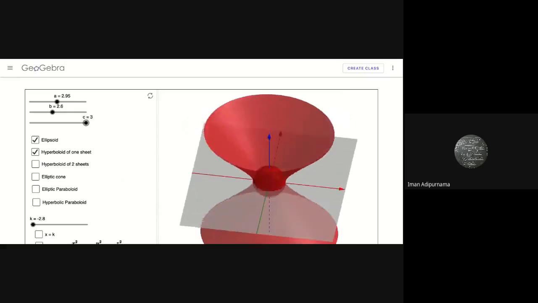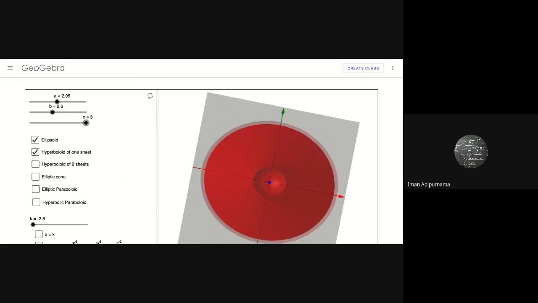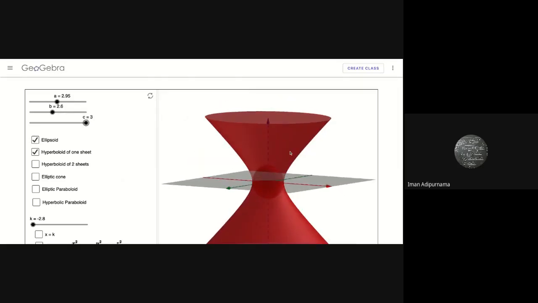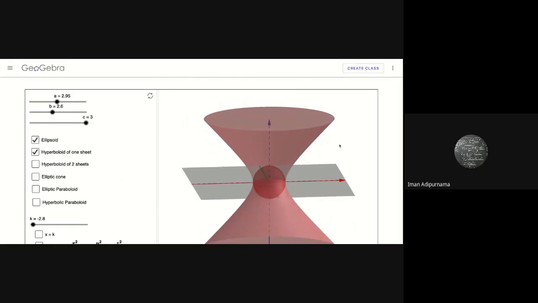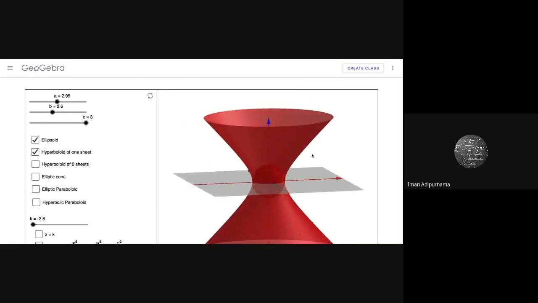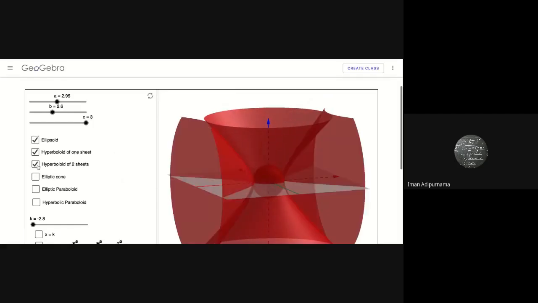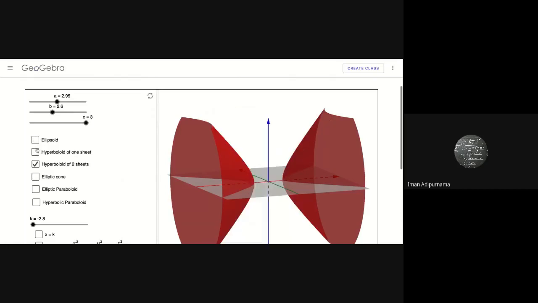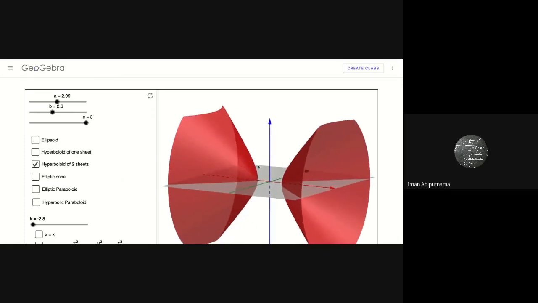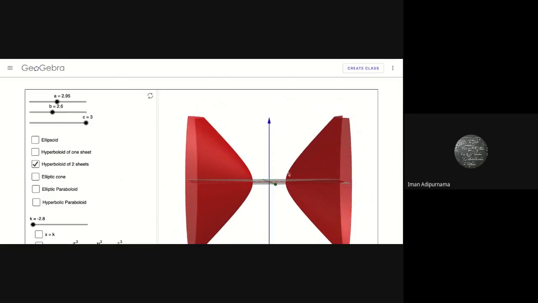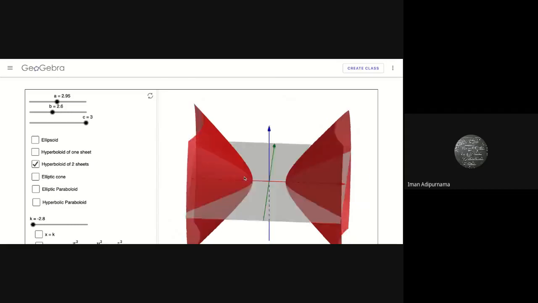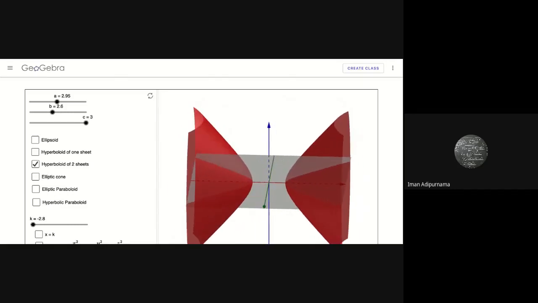Okay, so it has a hyperbola here, a hyperbola there, in the one axis. And this is a hyperboloid of two sheets. You have a hyperbola here, but it kind of splits the graph, right?